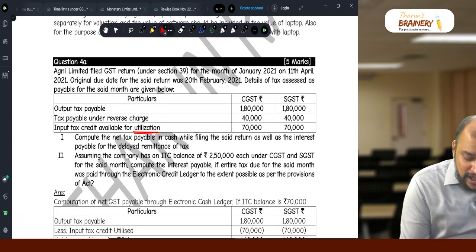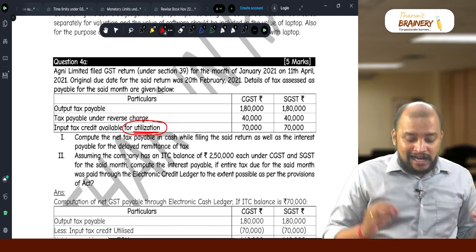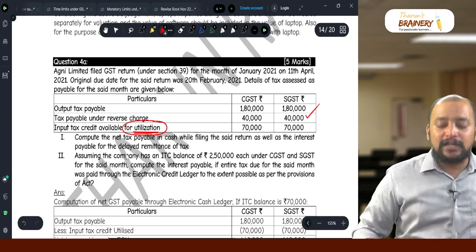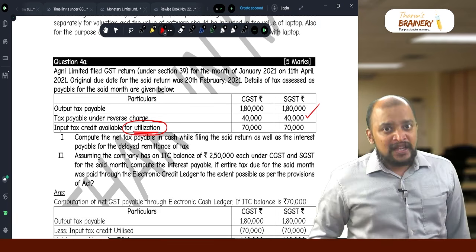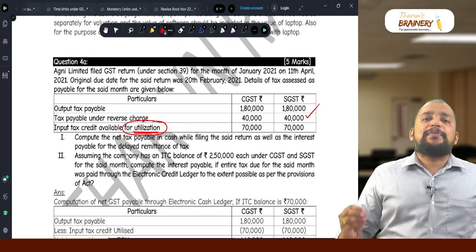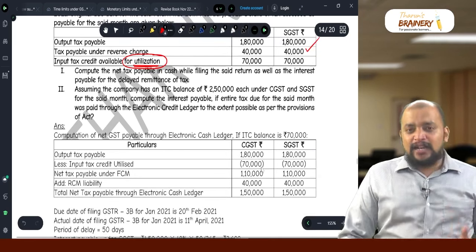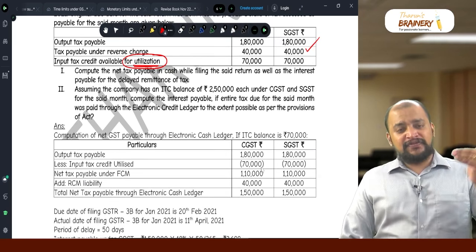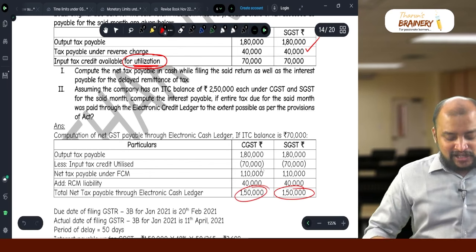So we can assume that this 40,000 is included in that 70,000. If we take it that way, the liability paid through the cash ledger will be 1,80,000 minus 70,000, which is 1,10,000, plus 40,000, so 1,50,000.